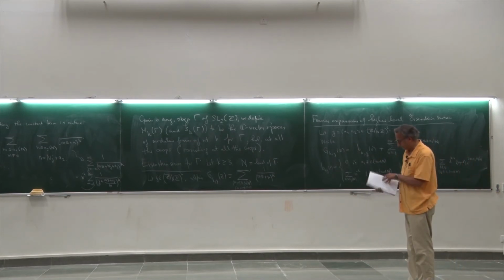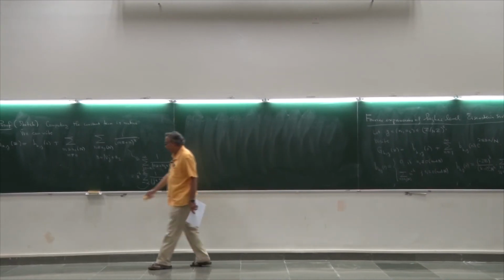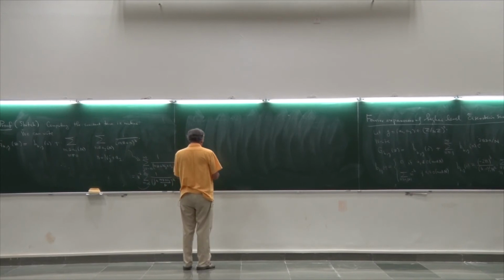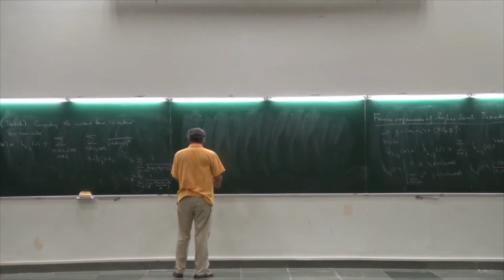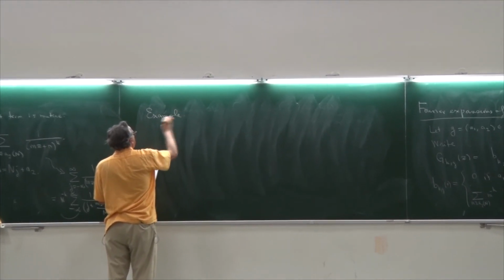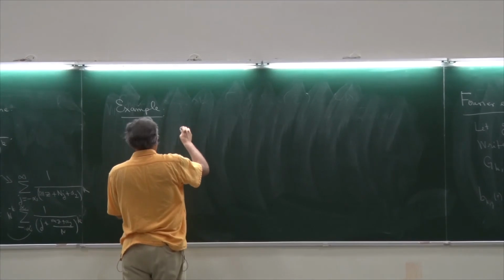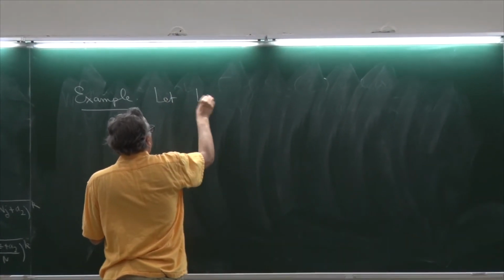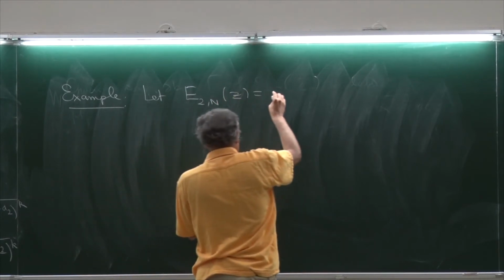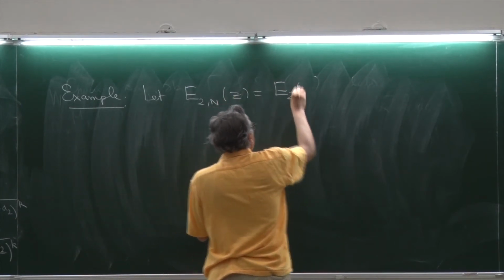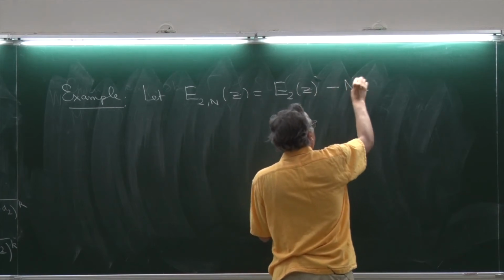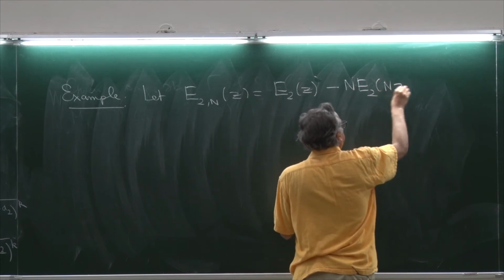All right. A special role will be played by these Eisenstein series, so let me introduce this to you. Let's do an example. Let E2,N of z be the Eisenstein series E2 introduced this morning, minus N times E2 of Nz.